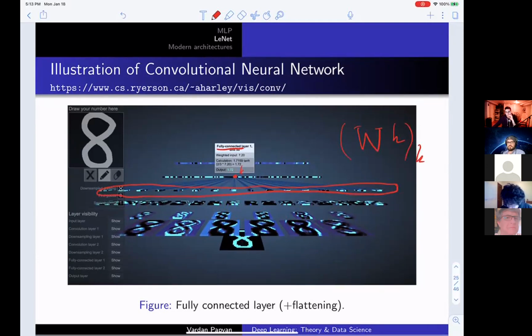You can think of matrix multiplication as a bunch of edges going into a single scalar, which corresponds to the entry at the output of the matrix multiplication, right?